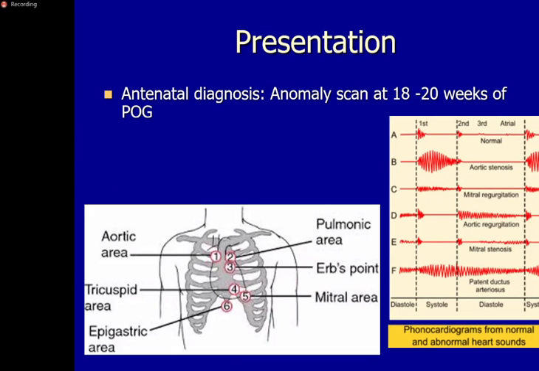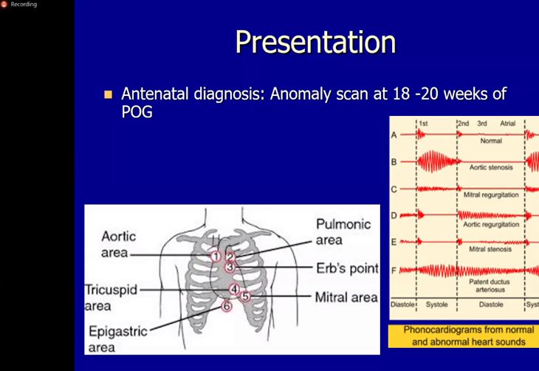Then the X-ray came, which helped a little bit more. Then ultrasound scan in the form of echocardiography came, which gave a good picture. Then, probably around the same time, came cardiac catheterization.